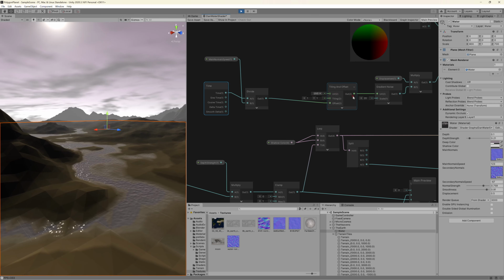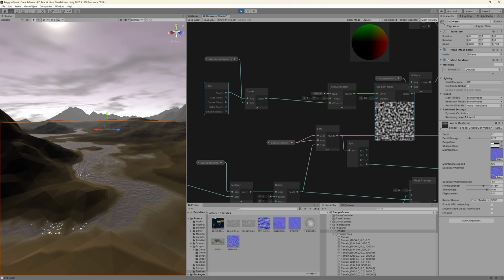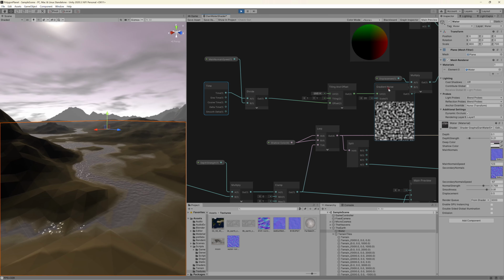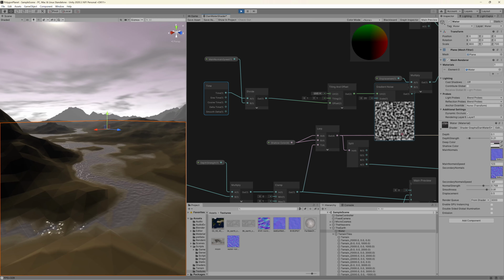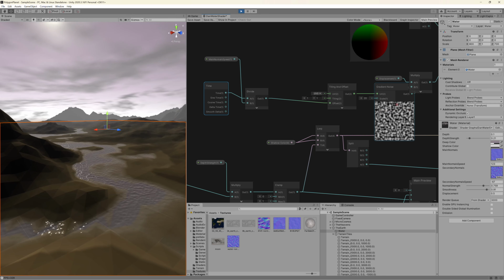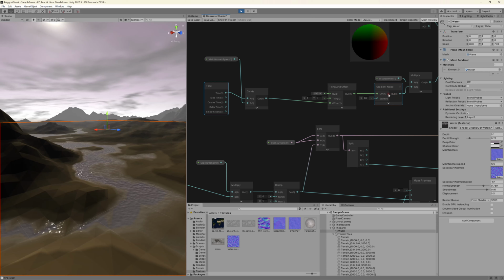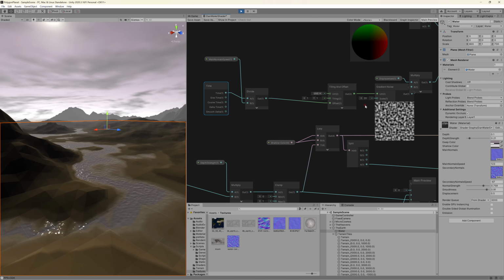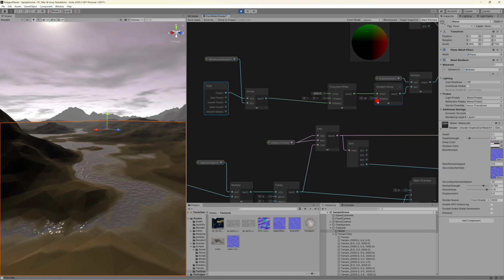We're changing our offset position of a gradient noise map, which is choosing where we are in the map. That's why it's moving, because it's linked to time. As time progresses, we're moving our position in the map.